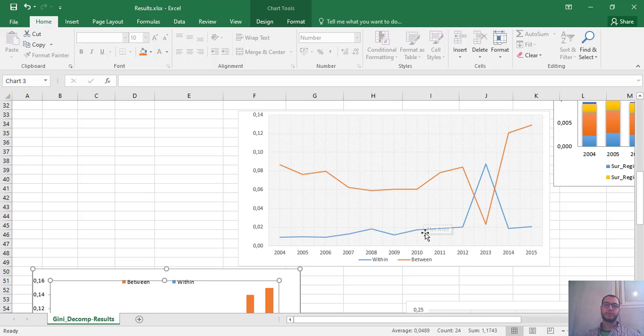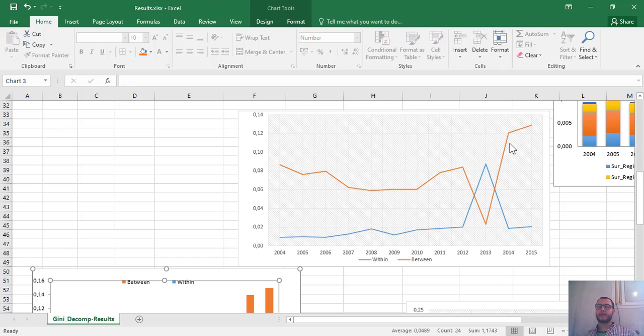And this analysis is also used for the redistribution of income. Also, if the weaving effect is very important, as you see from 2014 to 2015, the weaving effect is greater than the between effect.